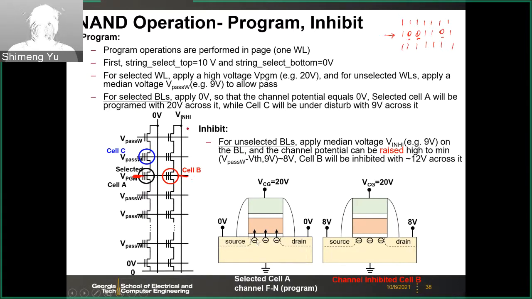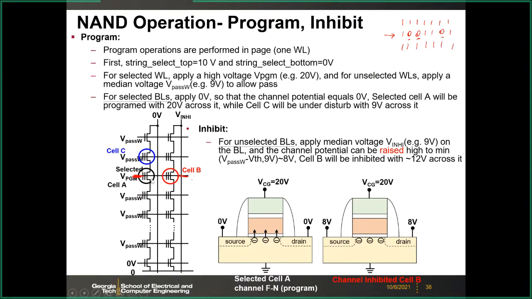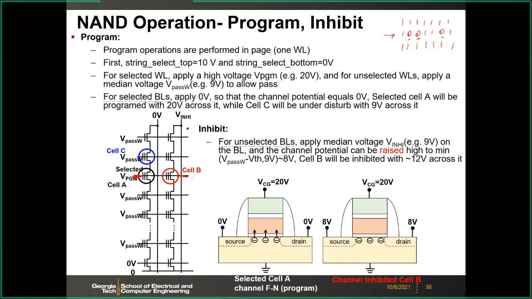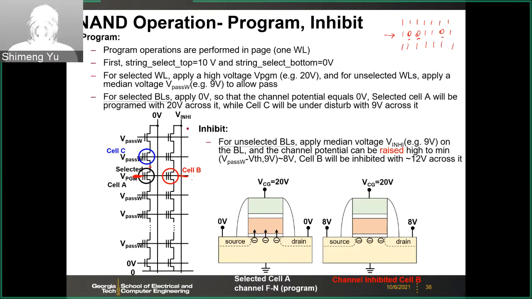Therefore, the electrons can be injected to the floating gate by the FN tunneling from the substrate to the floating gate. But the challenge here is that for the NAND flash, as we discussed, this source and the drain do not have the external connection, right? So here on the source and on the drain, you cannot directly apply voltage because this has no external connection.